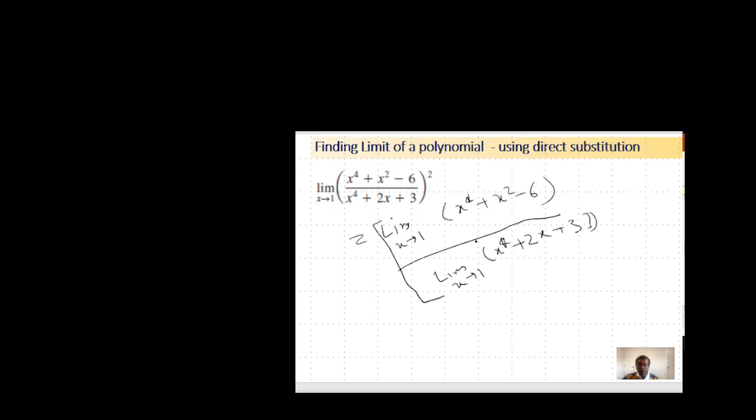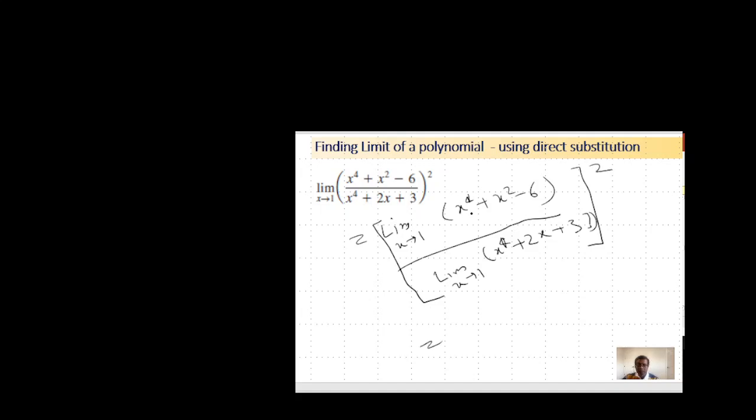If we need to break this one by the law of quotient, then we can do the limit as x approaches 1 of x to the power 4 plus x squared minus 6, divided by the limit as x approaches 1 of x to the power 4 plus 2x plus 3, and then using the law of power we can apply the power later.